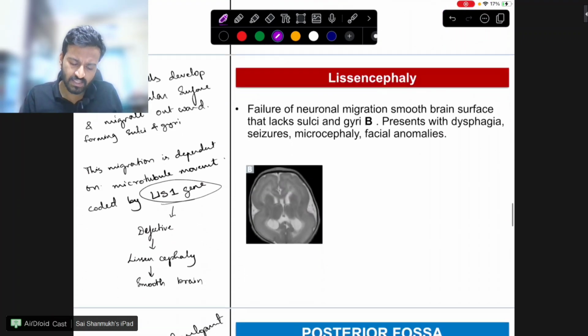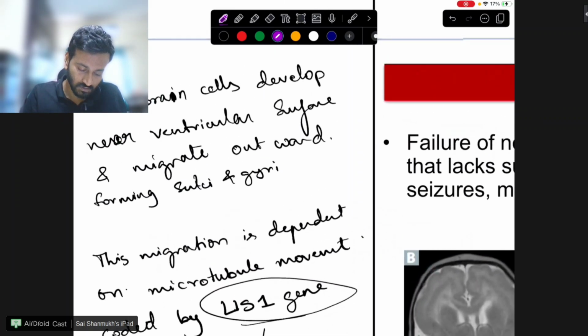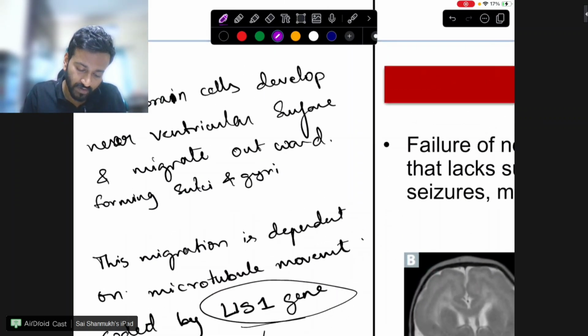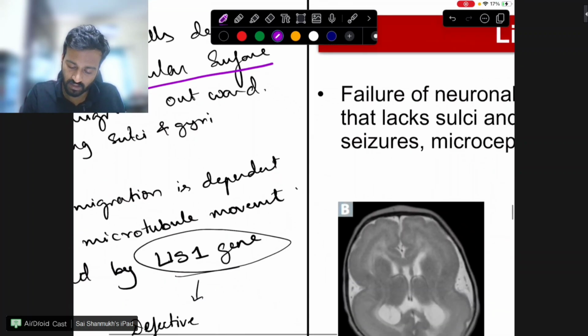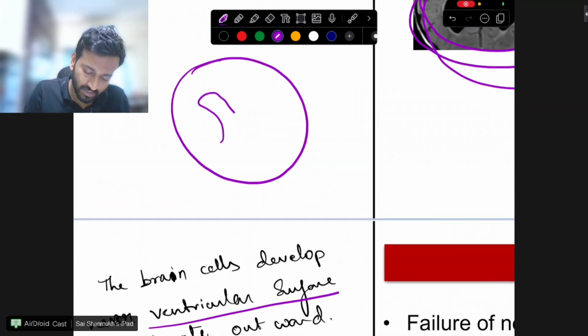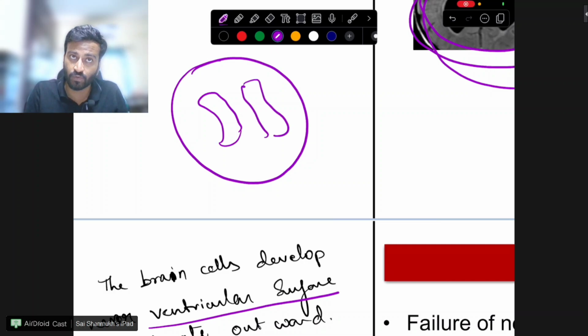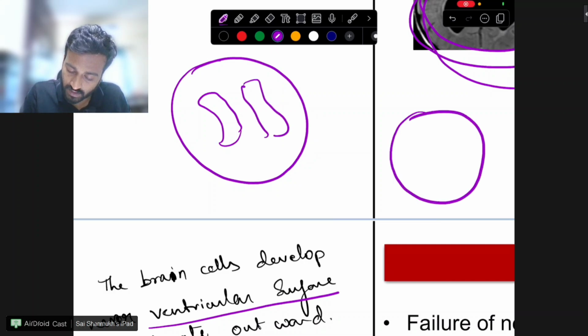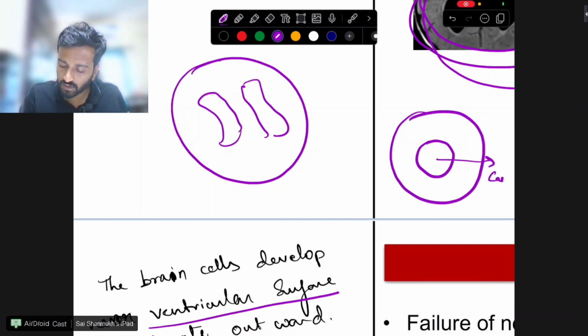Lissencephaly. Lis means it's a smooth brain, no sulci, gyri, etc. So what happened? The brain cells develop near the ventricular surface. If this is the brain, and there are ventricles here, this is the developed ventricle, and during the development, this is the neural canal.